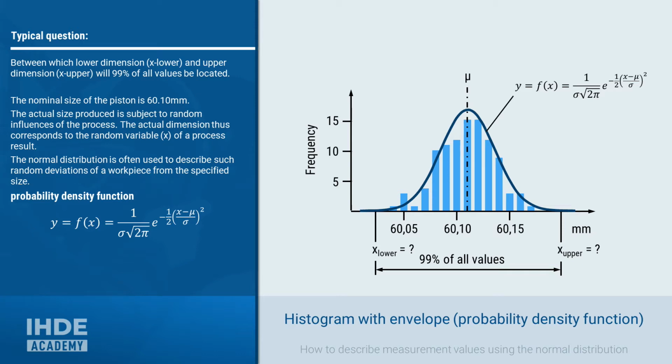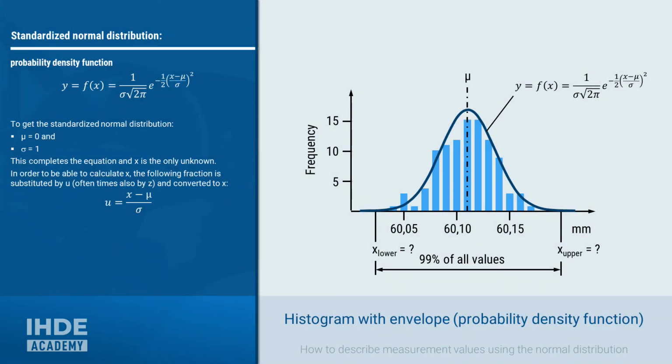This can be in a wide variety of forms, for example, the logarithmic distribution, the Poisson distribution, the Weibull distribution, a mixed distribution, and so on, or even the normal distribution. We can see the formula for the probability density function here on the left and directly on the envelope.